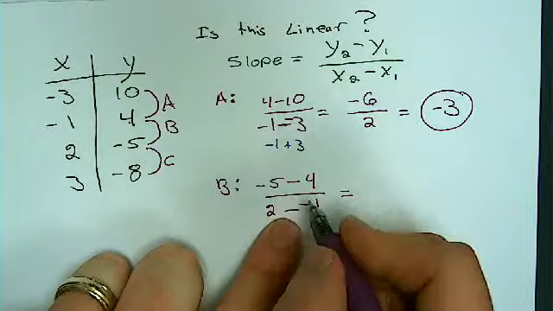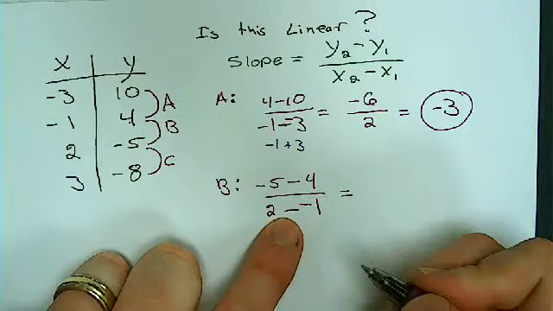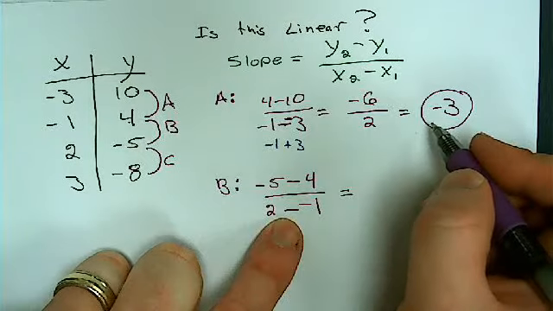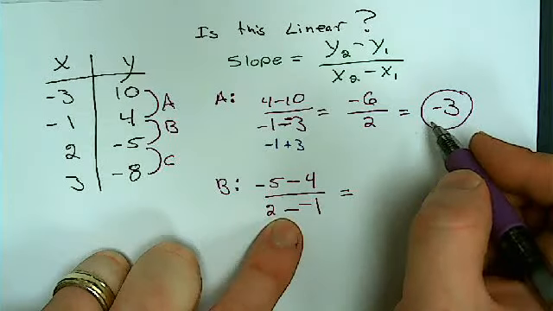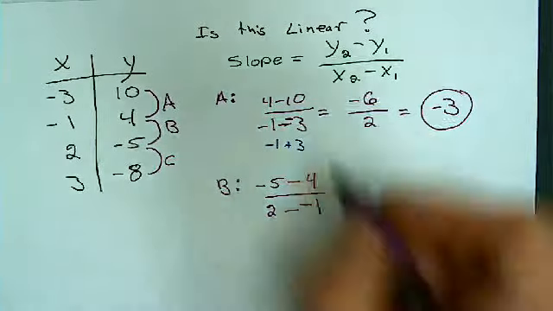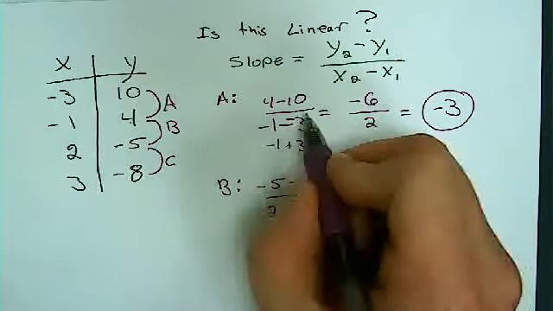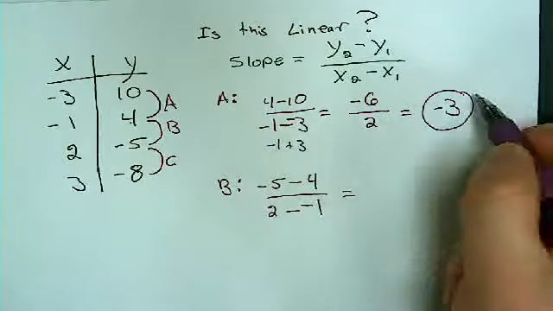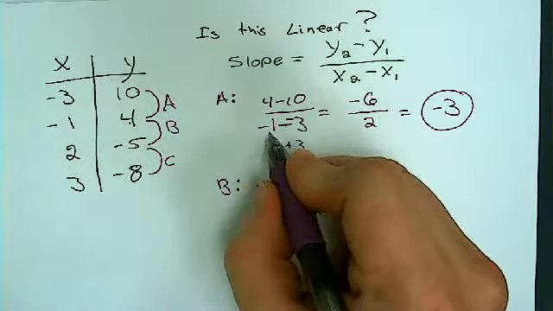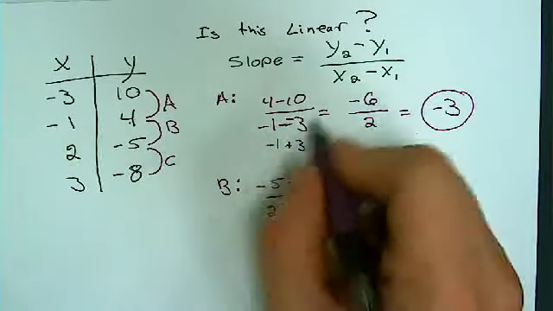Your calculator, you got to remember, if you typed in 4 minus 10 divided by -1 minus -3 and hit go, your calculator is going to do 10 divided by 1 first, because it does strict order of operations.